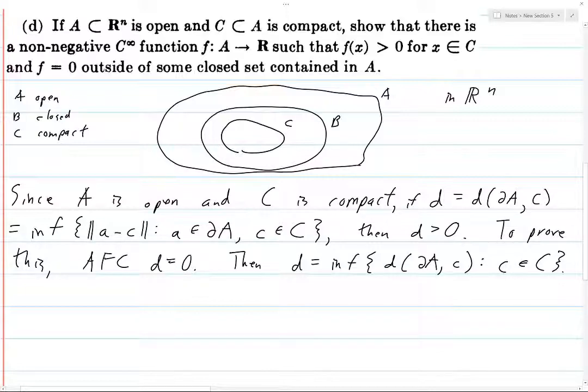Because, well, the distance between the boundary of A and c is defined to be just the infimum of |a minus c|, where a is on the boundary of A. And so if you combine these two things together, you see that what you end up with is the same number lowercase d that we had before.